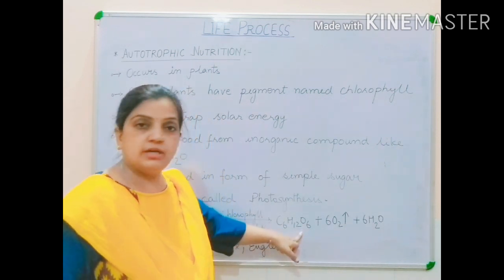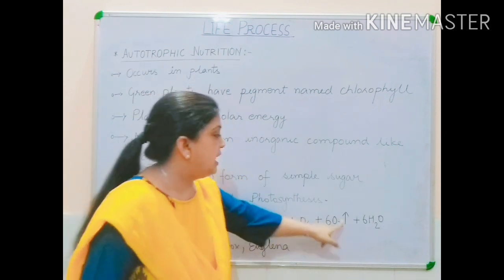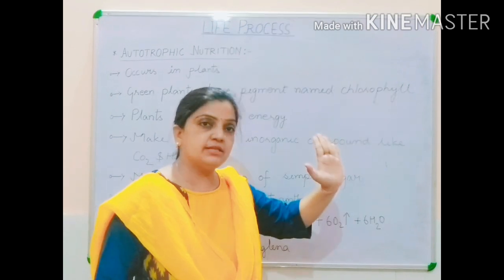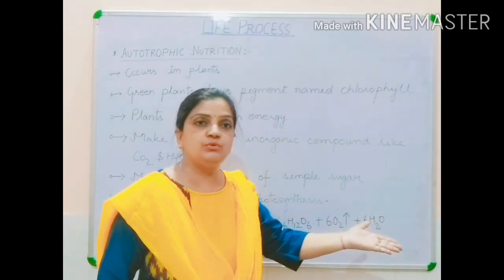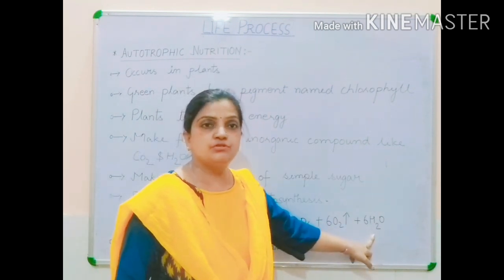So simple sugar is produced. Oxygen is released into the atmosphere. I have given an arrow sign pointing upward, so it means that oxygen is released into the atmosphere and 6 molecules of water are also synthesized.